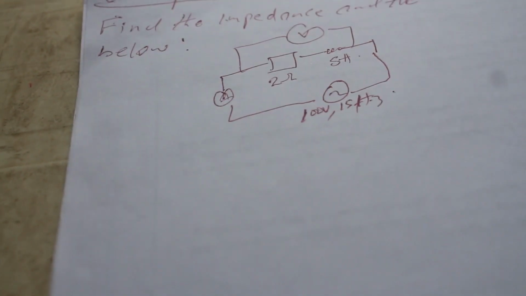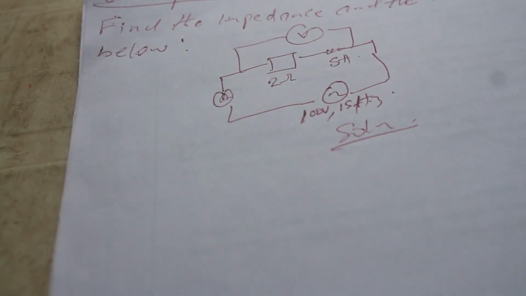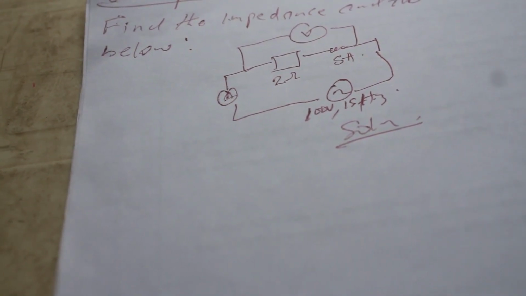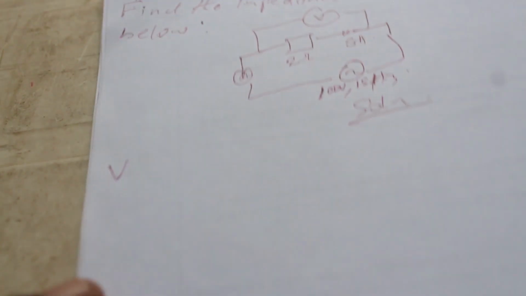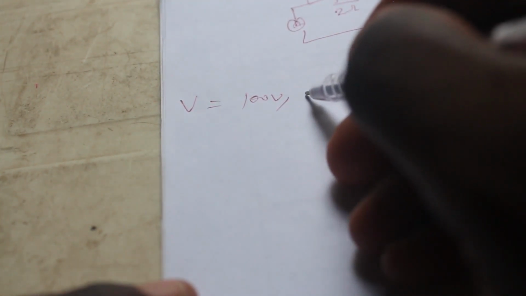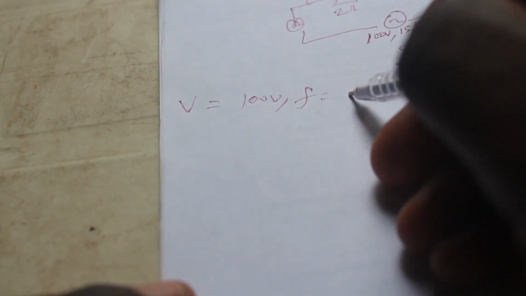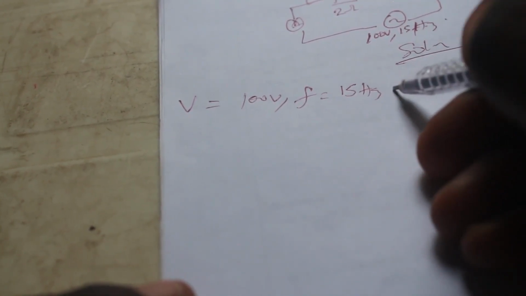So the first thing you should do is to write out all the quantities given to you. The potential difference of the source is about 100 volts. The frequency of the source is 15 hertz.